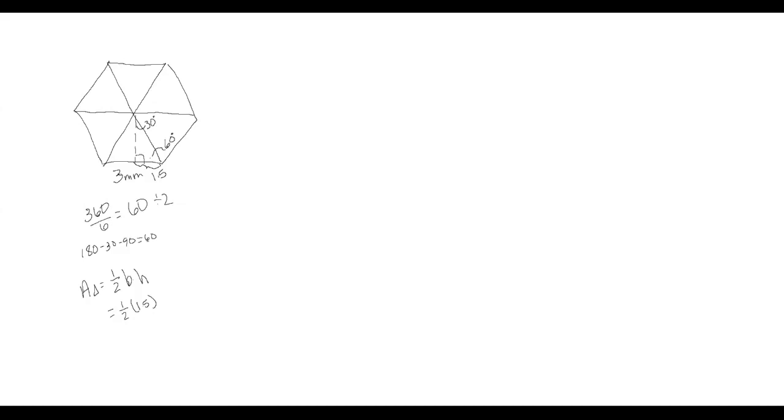So for those of you that are going, what is she talking about? Let's just real quick do that, right? In the 30, 60, 90, this is a 1, 2, square root of 3 relationship. So this side is 1 square root of 3 times this side. So this is going to be 1.5 times the square root of 3.